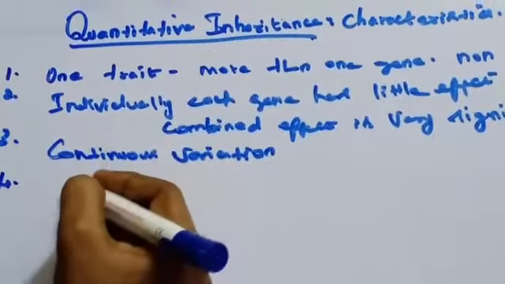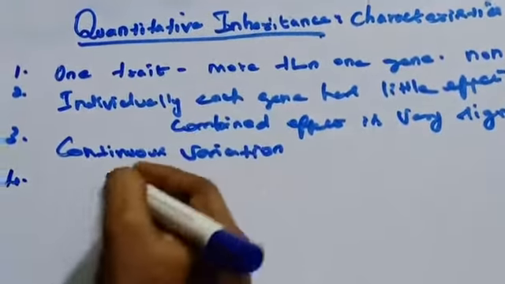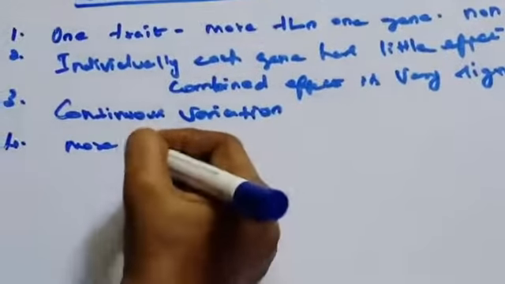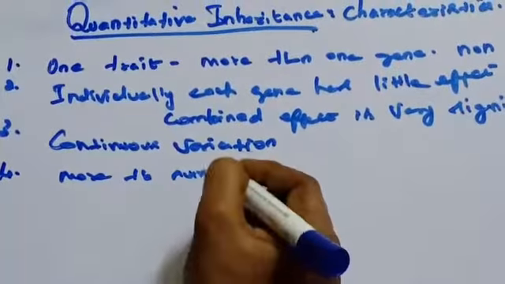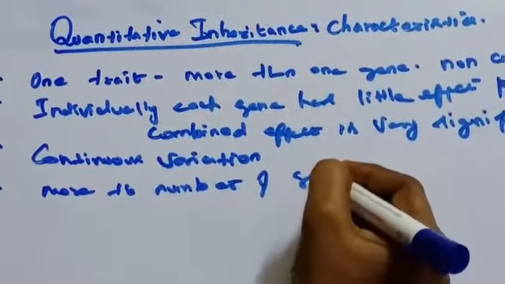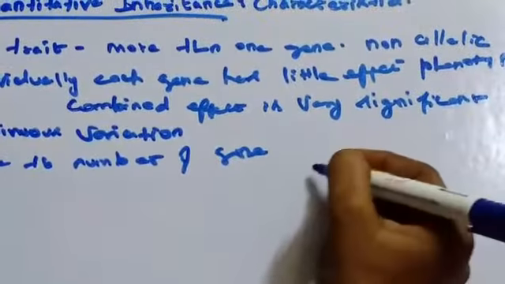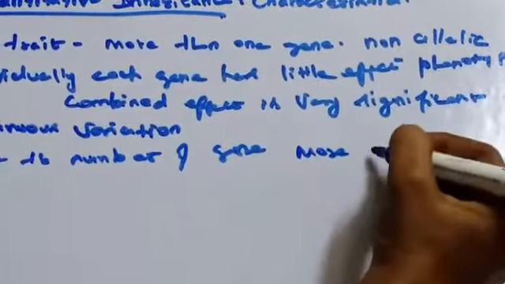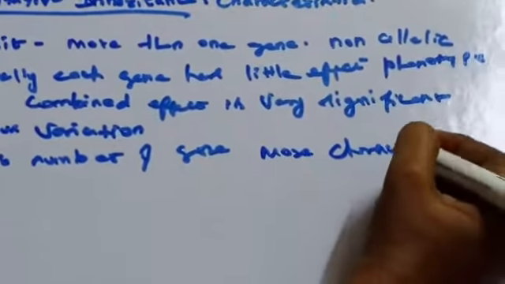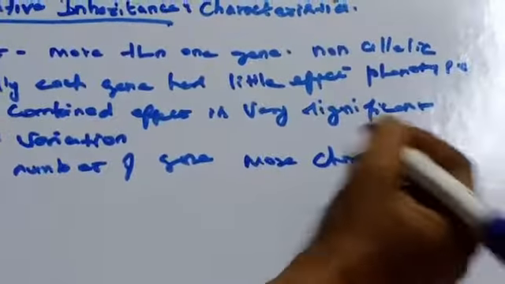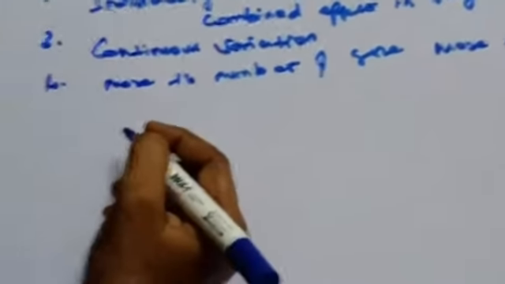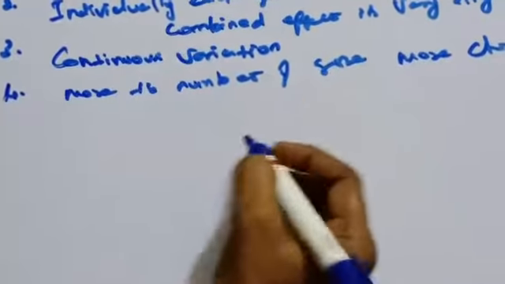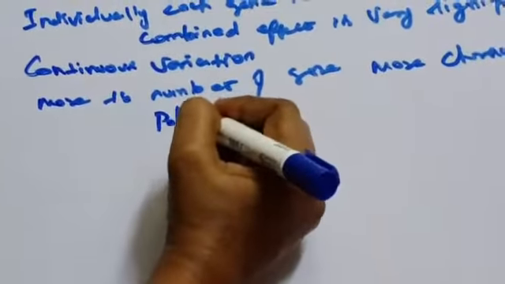So each gene has a certain amount of effect. More the number of genes, the more characteristics are produced. For this reason, quantitative inheritance is also otherwise called polygenic inheritance.